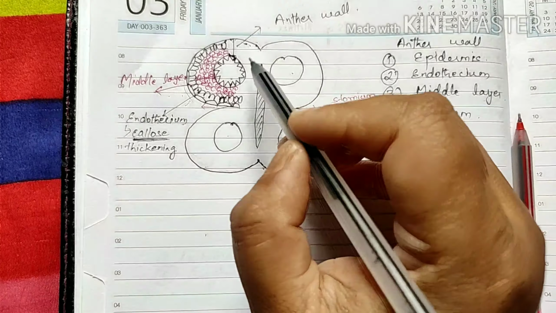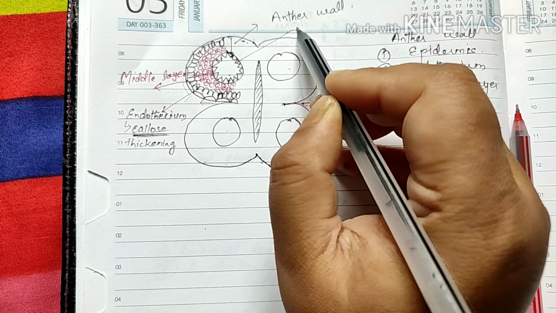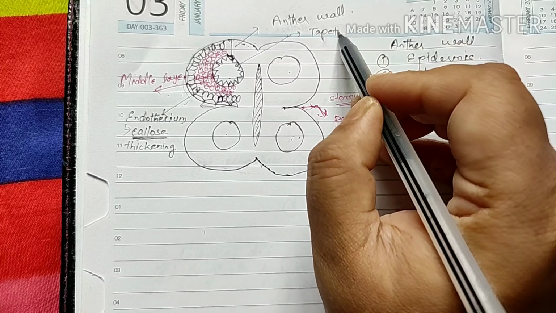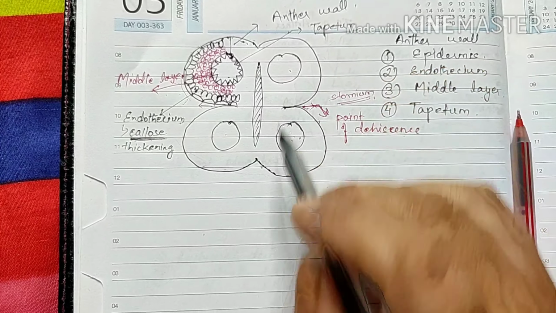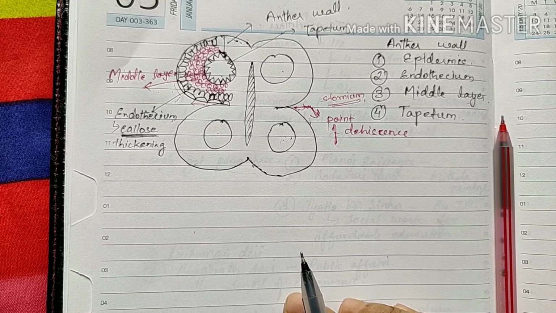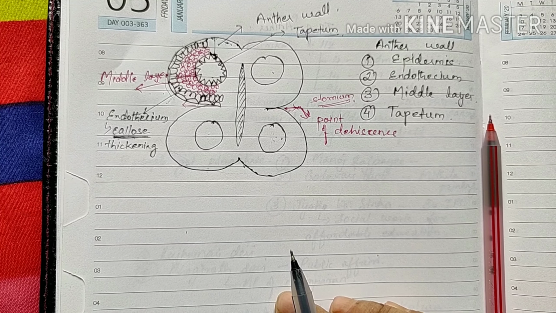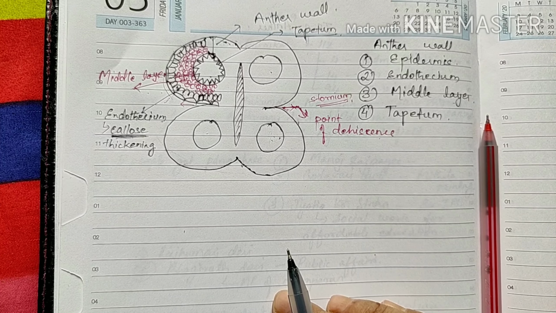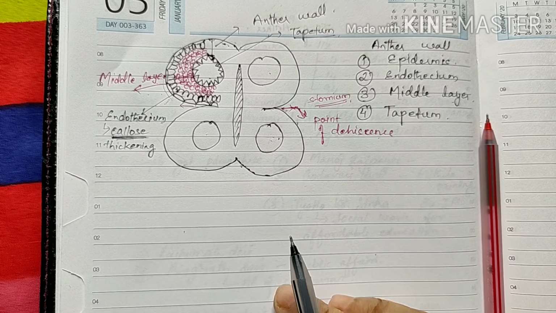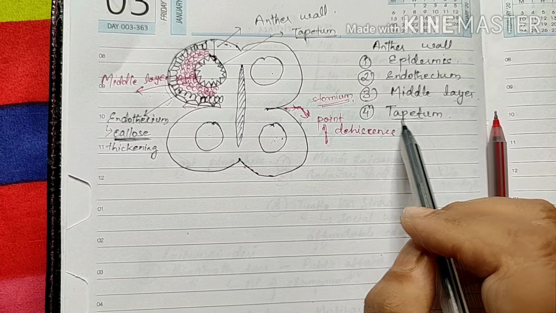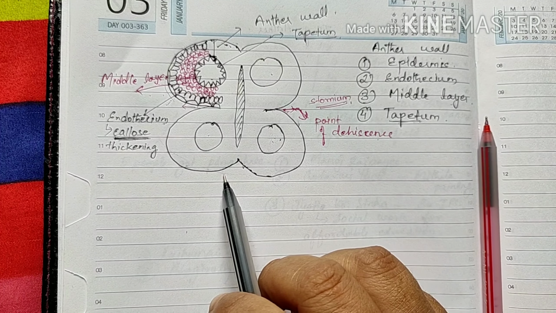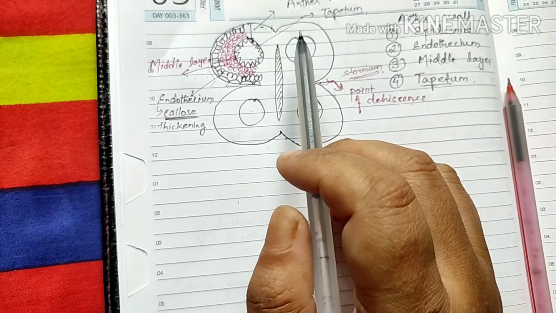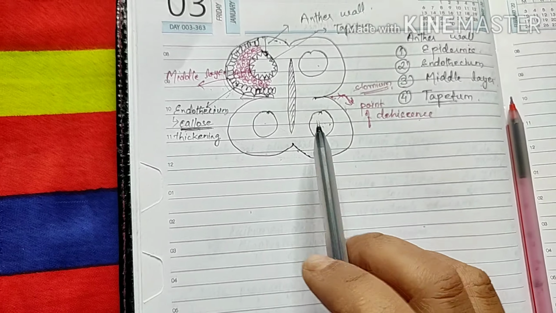Now the question is why this tapetum is multinucleated? Because the cells during division carried out karyokinesis, but full cytokinesis didn't occur, so they are multinucleated, and it is the most important layer of the anther.